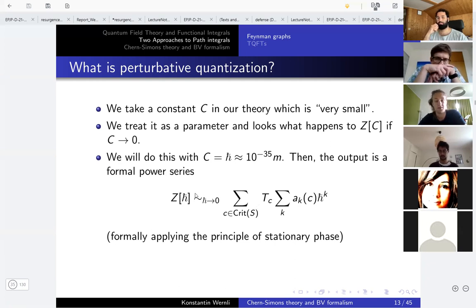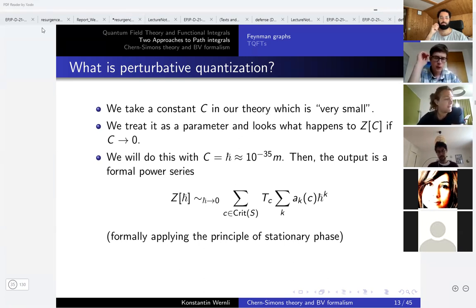And this power series doesn't converge, but that's okay, because it describes the asymptotics of a function as that parameter goes to zero, and those power series don't always converge.